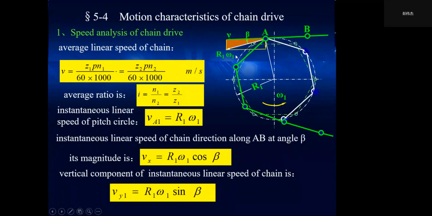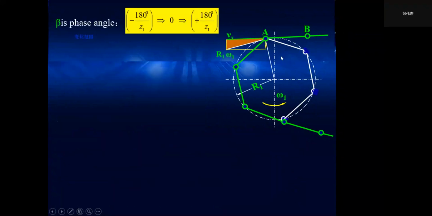The speed has two components: Vx is the speed times cosine beta, and Vy is the speed times sine beta. These are the two components of the instantaneous linear speed. The beta will change from this to this.